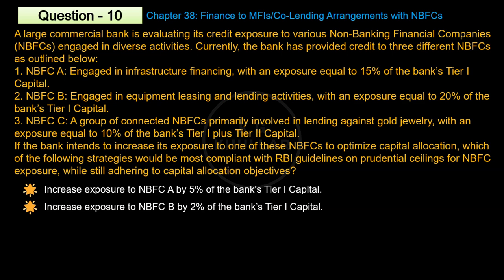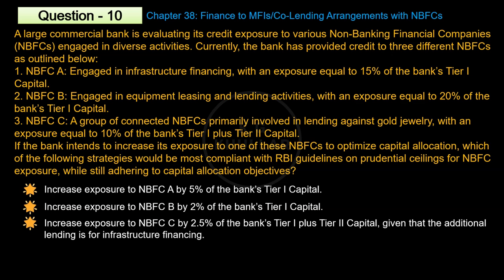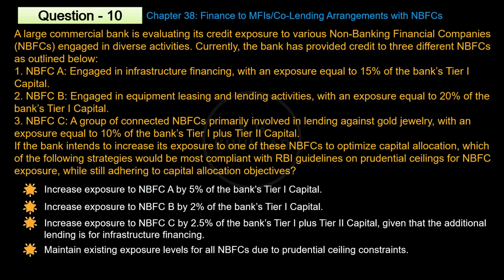Then option B says increase exposure to NBFC B by 2% of the bank's tier 1 capital. Then option C says increase exposure to NBFC C by 3% of bank's tier 1 plus tier 2 capital, given that additional lending is also infrastructure financing. And last option D is maintain existing exposure levels for all NBFCs due to prudential ceiling constraints.